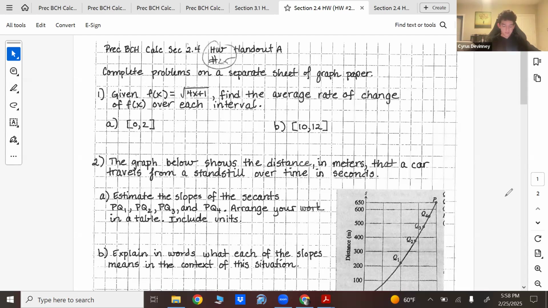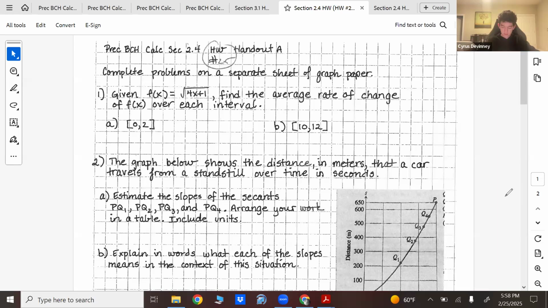I got negative 0.29 after I divided by 2. Okay, let me double check.